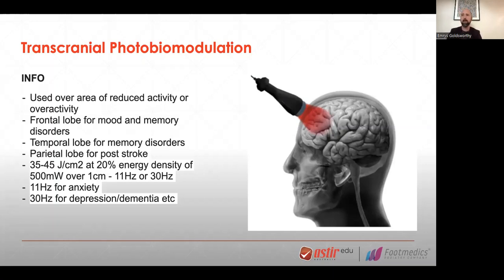So the frontal lobe is a big area of importance when it comes to using light therapy on the brain, because it's the seat of our personality and our consciousness. It is the seat of our behavior. It is where our motor function is performed and executed from. It is also highly connected with our reptilian brain and our emotional center.